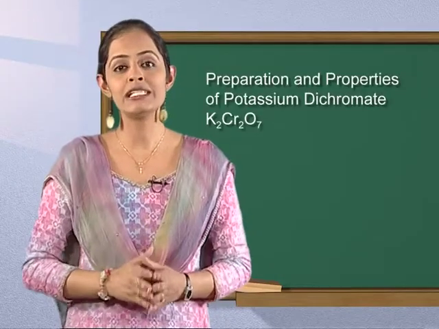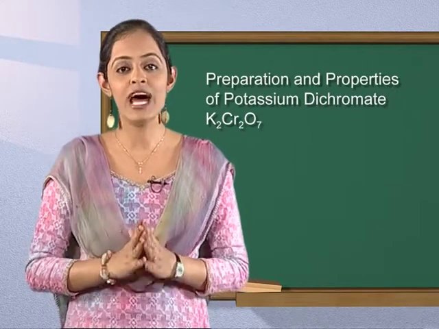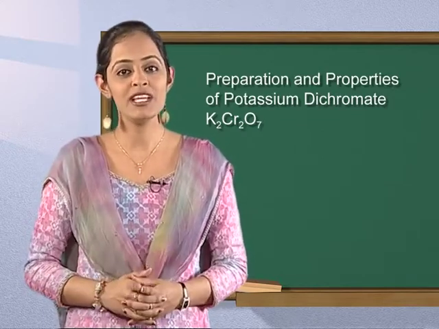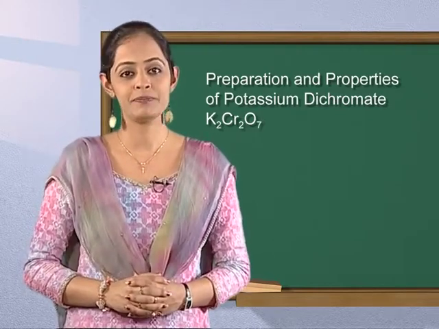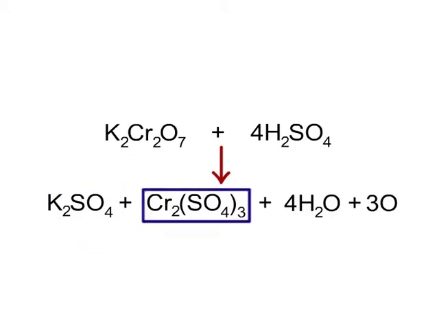For the better understanding of the concept of oxidizing property of potassium dichromate, let us see how potassium dichromate oxidizes ferrous salts to ferric salts. Potassium dichromate reacts with sulfuric acid to form potassium sulfate, chromium sulfate, water and nascent oxygen.